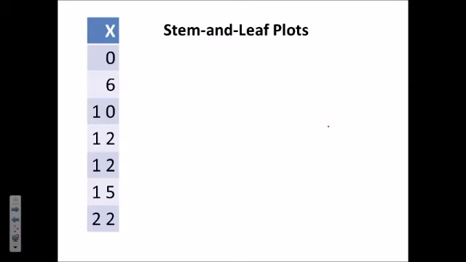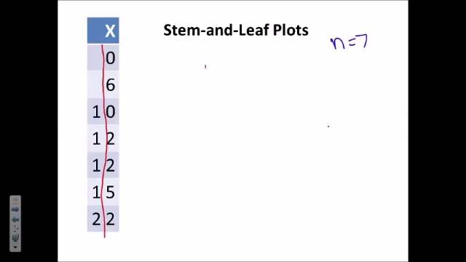So here we have some scores. We have 1, 2, 3, 4, 5, 6, 7 scores. So n is 7. Sample size is 7. And what we're going to do to these scores is make a stem and leaf plot. The way that works is you chop off the last digit, the ones place digit, from the data.